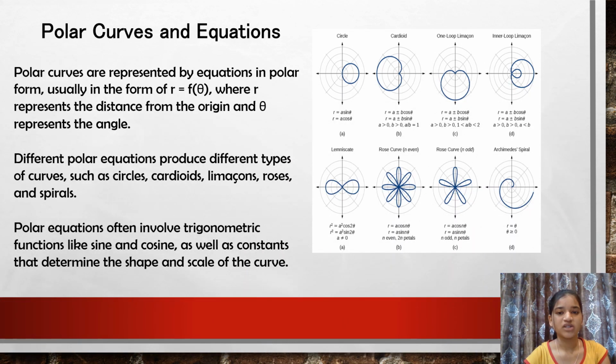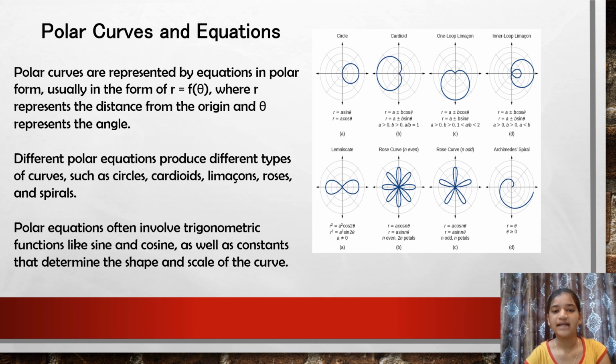Polar curves and equations. Polar curves are represented by equations in polar form, in the form r equals f of theta, where r represents the distance from the origin and theta represents the angle. Different polar equations produce different types of curves such as circles, cardioids, roses, and spirals.